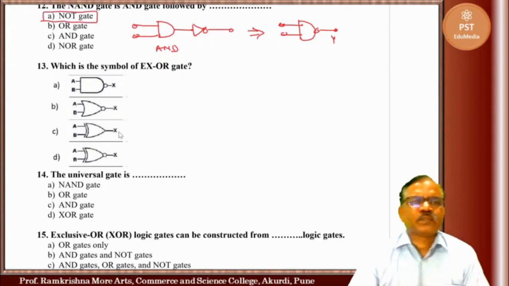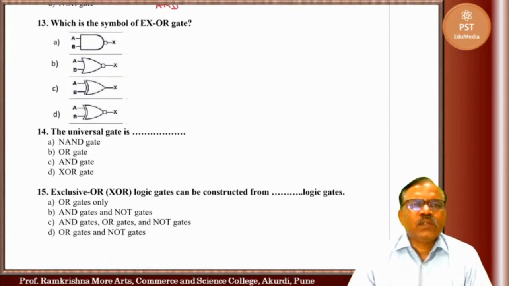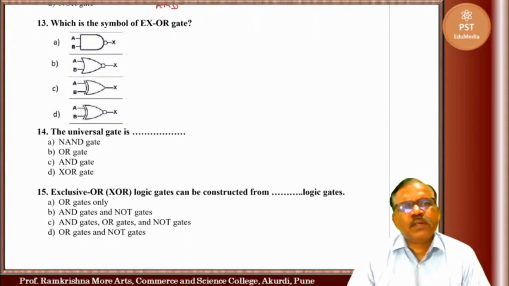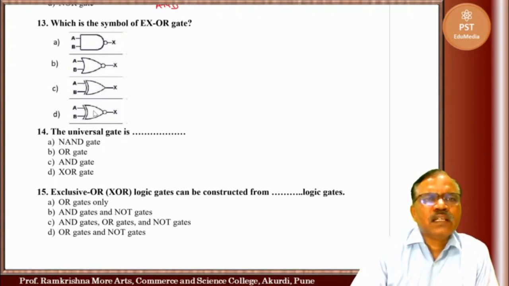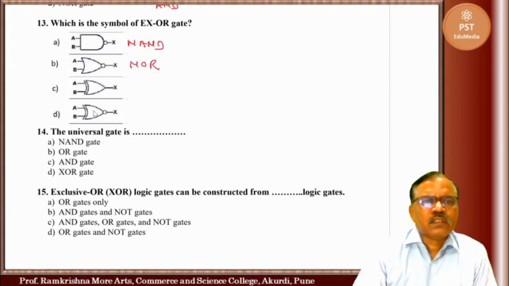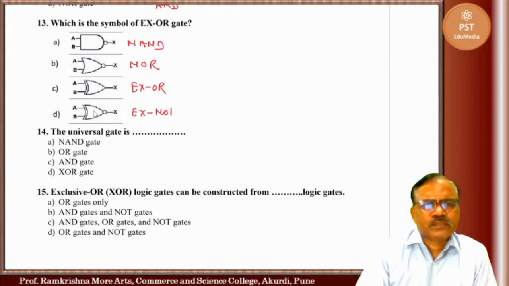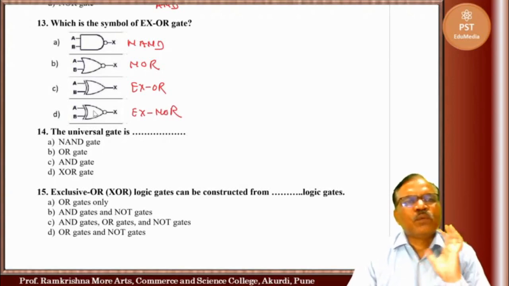Now which of the following is the symbol of XOR gate? Now if we see this first one, this is the symbol for NAND gate. This second one is the symbol for NOR gate. This is for XOR gate and this is for XNOR gate. So we have 4 symbols.